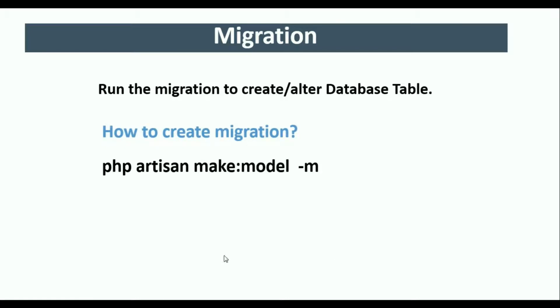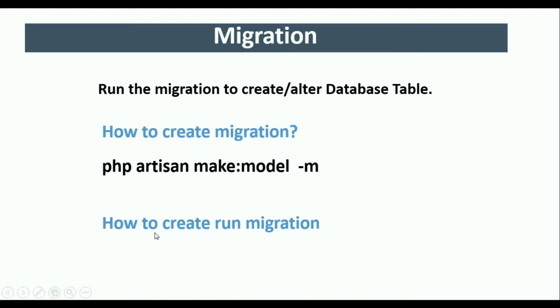To create a migration, you can use the command php artisan make:model Article -m. The m stands for migration, so it will create the migration as well as the model. Here you have to write the model name also.